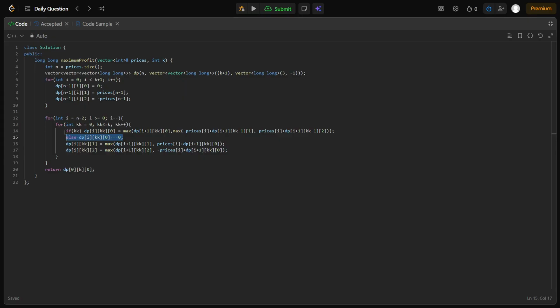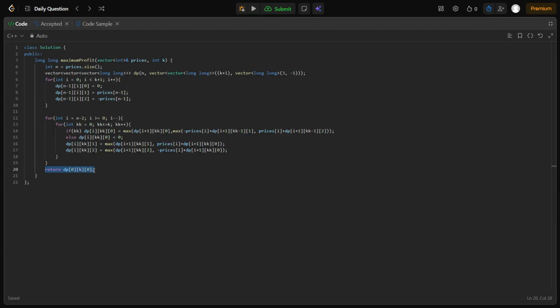And if there are some transactions left with us which we can perform, then we can take the maximum out of no transaction, a buy transaction, or a sell transaction. Similarly, for the other two cases, like we have taken in the memoization approach, and we have returned the same thing, dp[0][k][status 0], and this is our final answer.